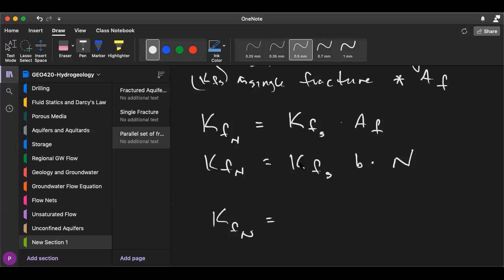It is equal to the hydraulic conductivity of a single fracture, right?